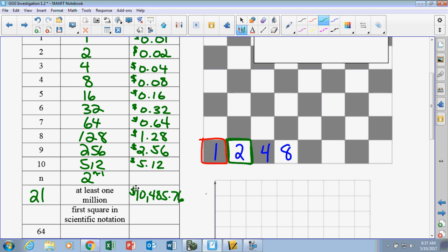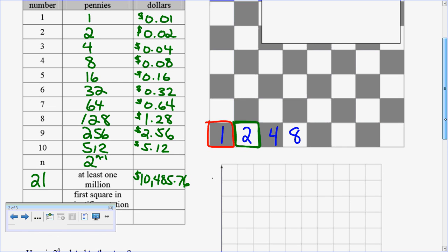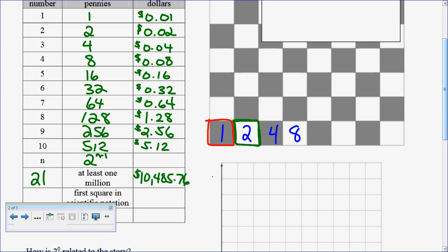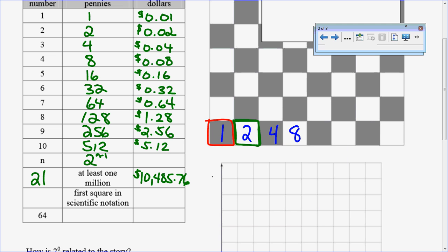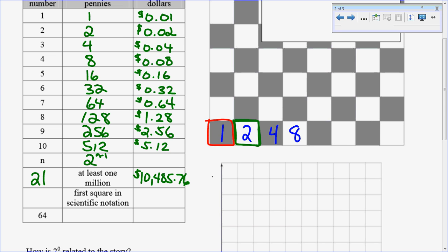All right, so now they want you to look at the first square, which is way up here. Let me see if I can blow this up a little bit so you can see everything at the same time. Let's move this down and out of the way for right now. So they want you to look at this first square. Here's our decimal, and they want us to put it in scientific notation. Again, this is just a little practice.